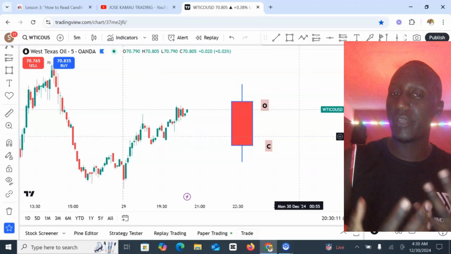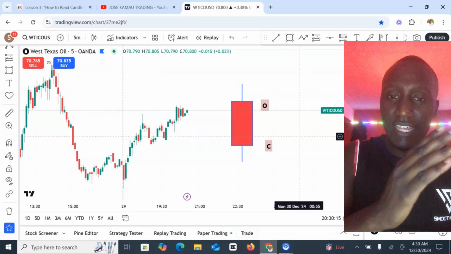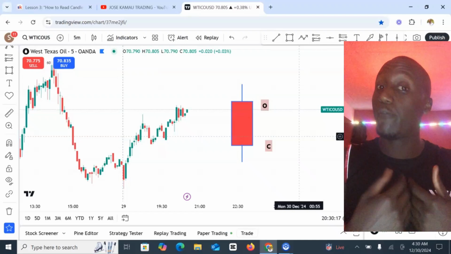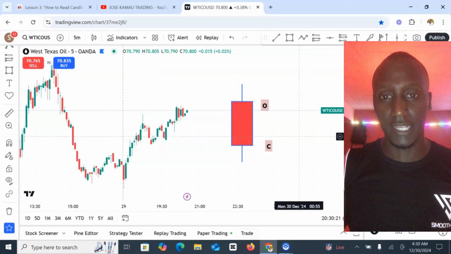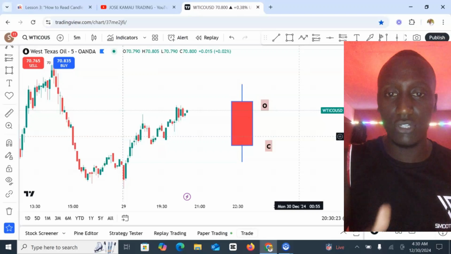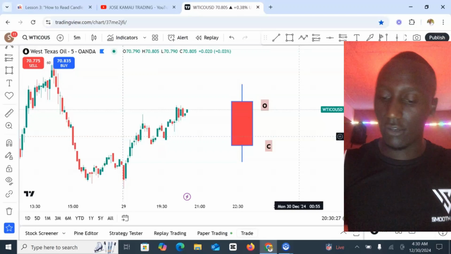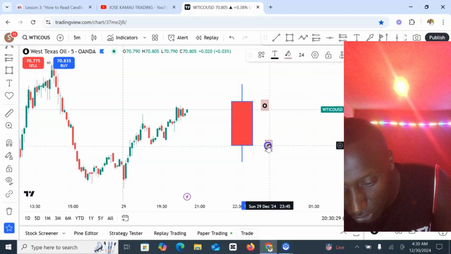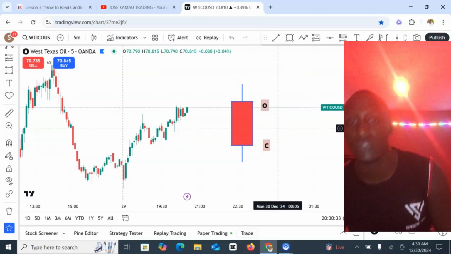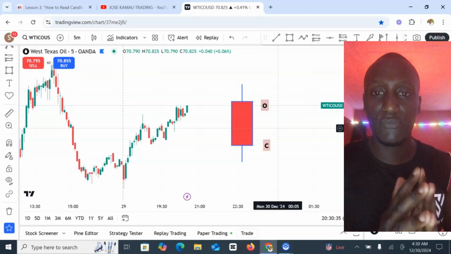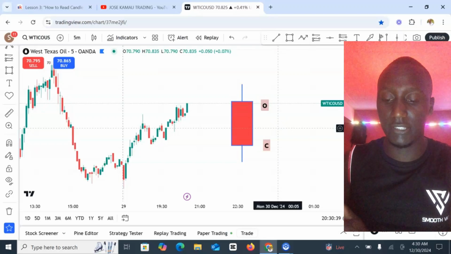So if it's a 5 minute candle, then the open will always be the first minute or the first second of the current 5 minute cycle. So whether it's 8 to 8:05, then 8:05 to 8:10, like that. That is the open. Now, the close is when that time was over. So if it opens at 5 minutes, then it's closing at 10 minutes.